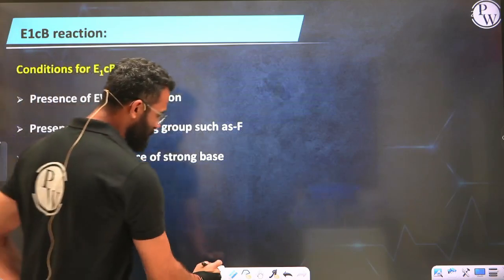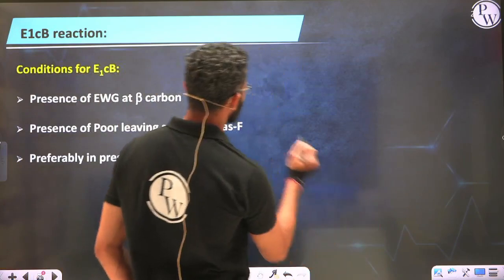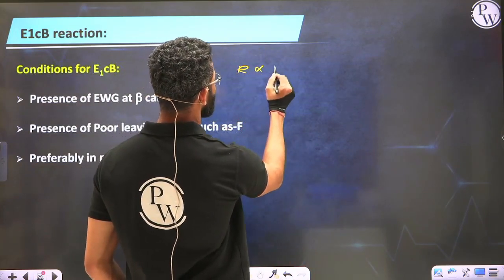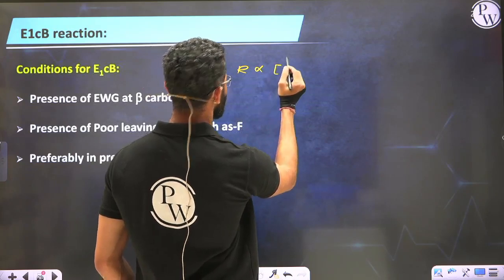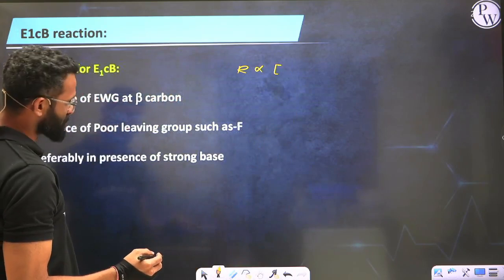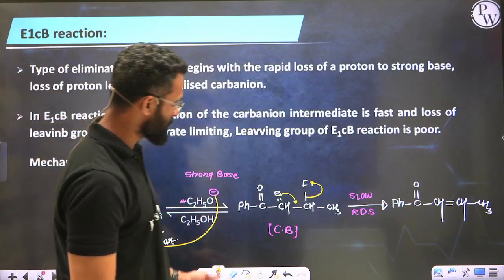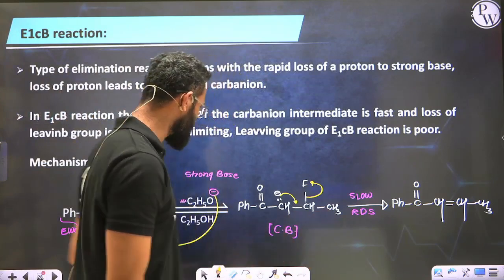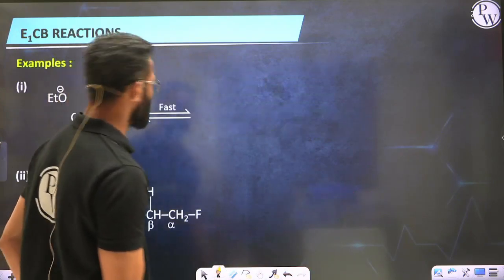Now guys, suppose I want to derive the rate expression. According to the reaction mechanism, the rate is proportional to the molar concentration of the conjugate base.